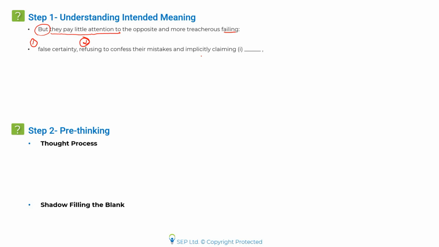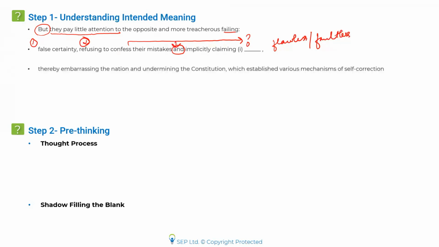And failing three is implicitly claiming what? Because of the and here, this blank is connected to refusing to confess their mistakes. Clearly, somebody who refuses to confess their mistakes would claim that they are faultless. That is what comes to my mind. Thereby embarrassing the nation.